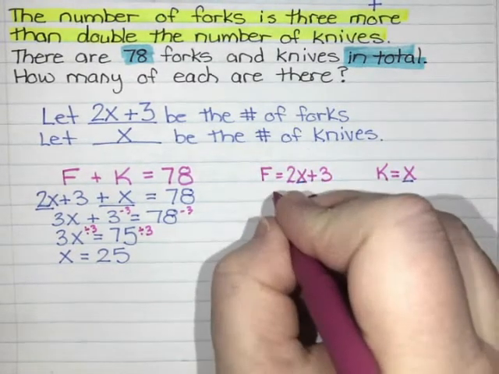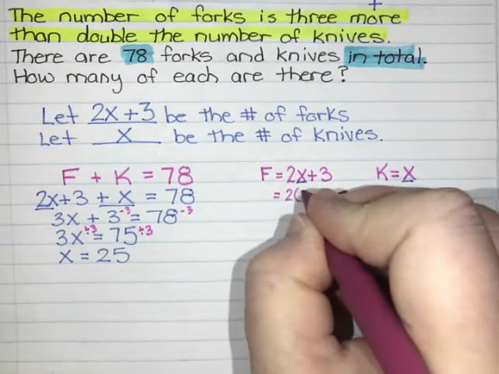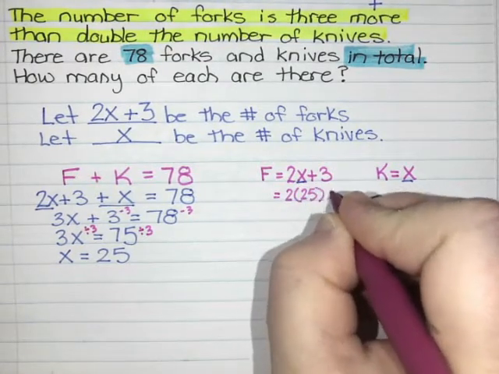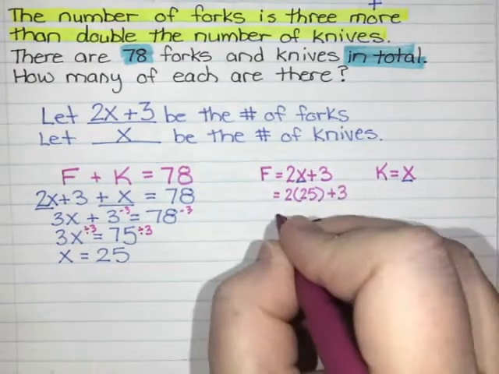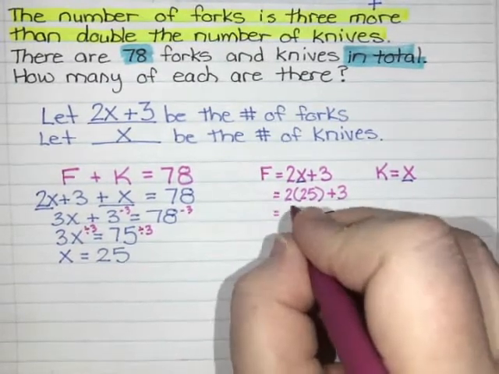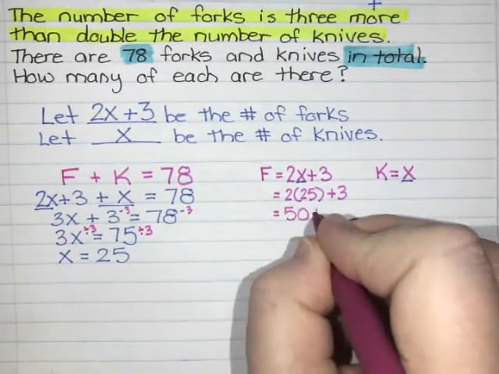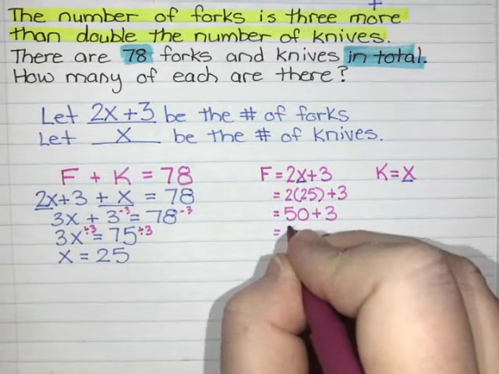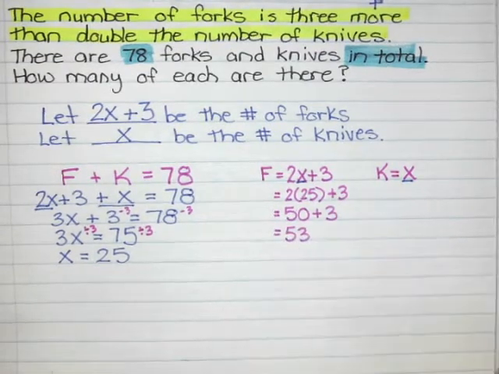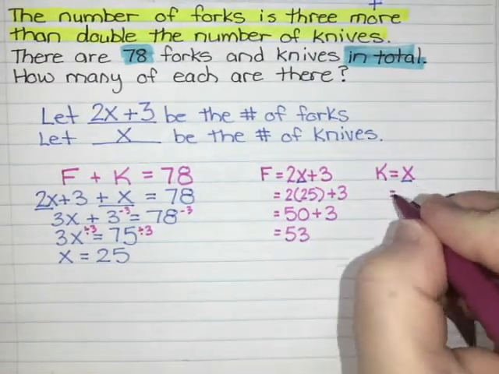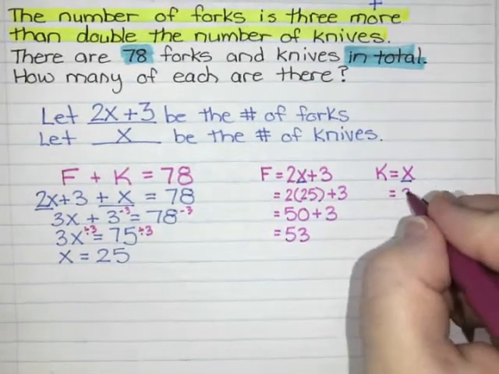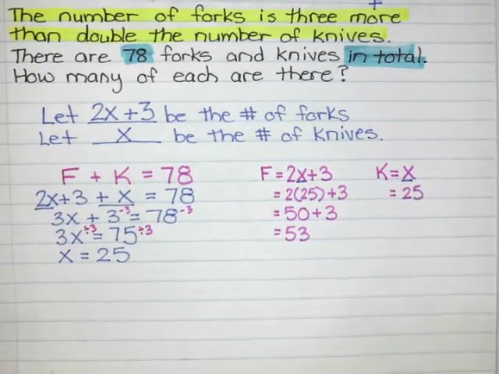For forks, 2 times 25 plus 3. 2 times 25 is 50 plus 3 is 53. So there should be 53 forks. And for the knives, x is just 25. There should be 25 knives.